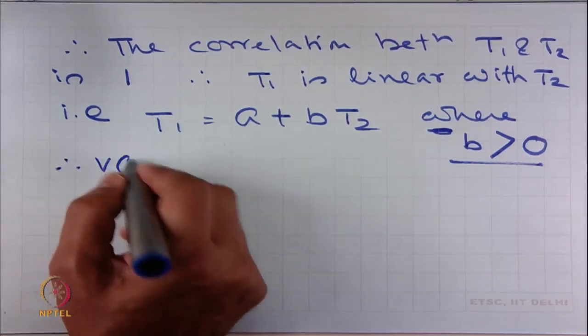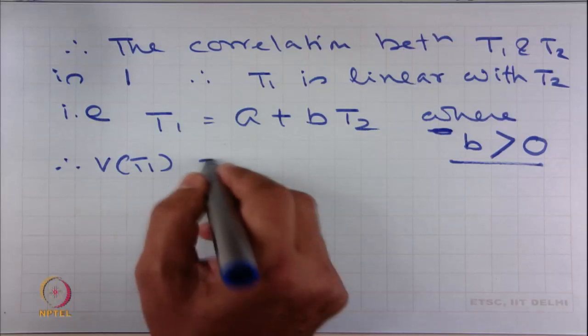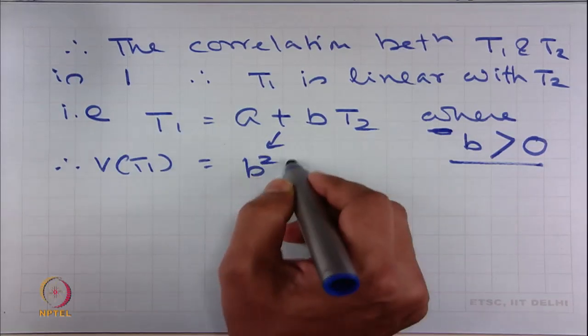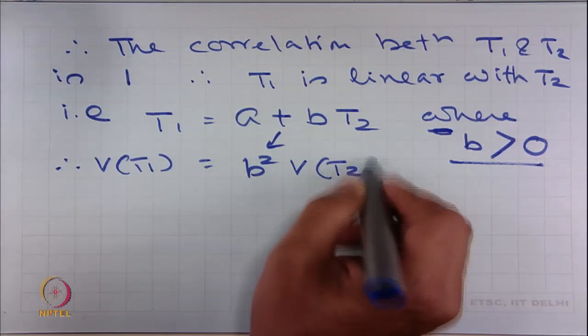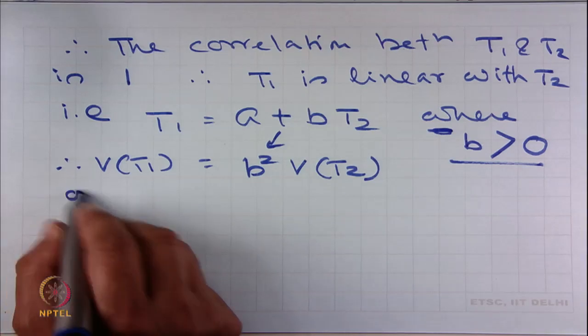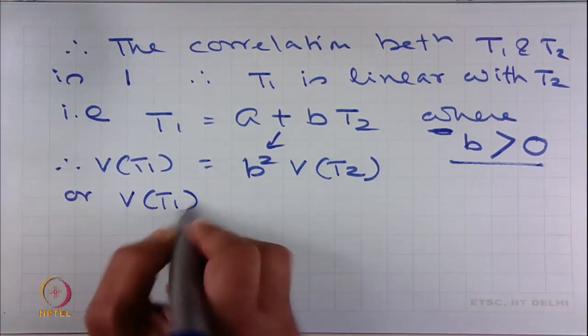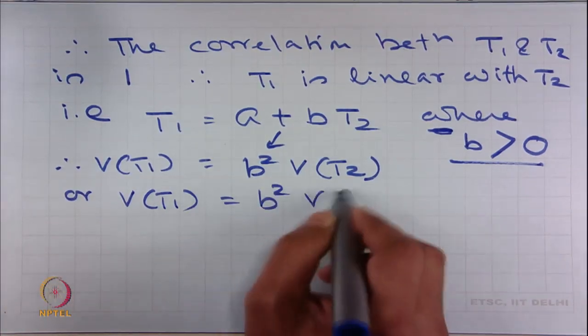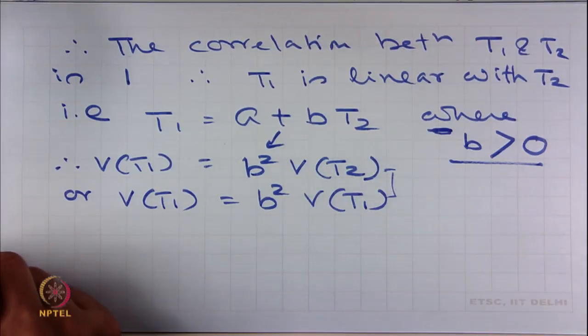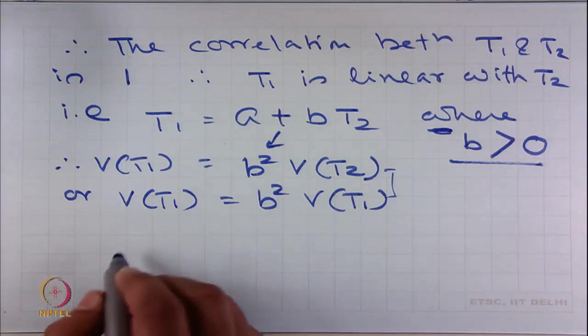Therefore, variance of T1 is equal to B squared times variance of T2, or variance of T1 is equal to B squared times variance of T1, as both of them are MVUE, therefore, they are equal.